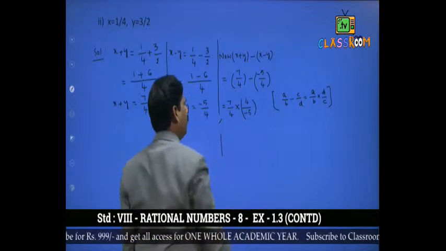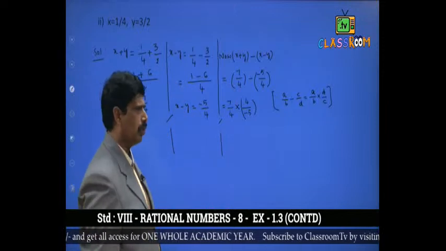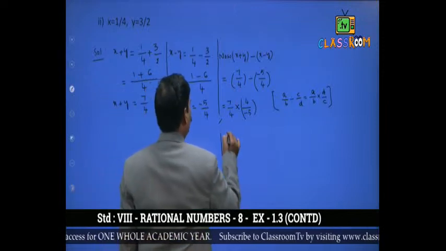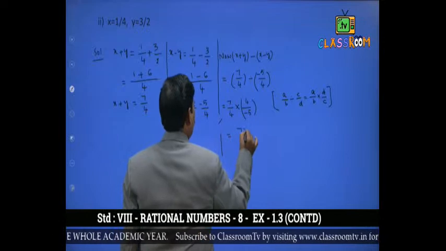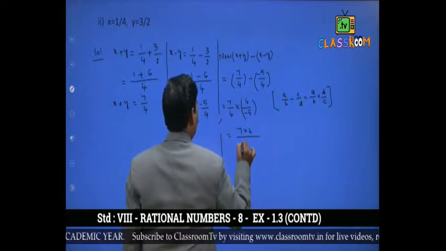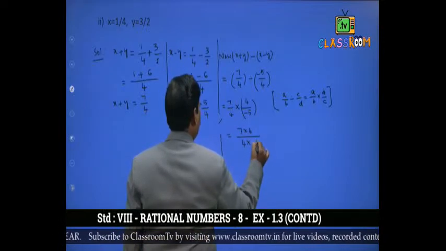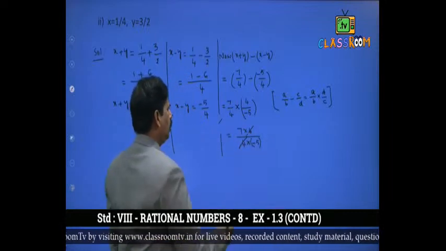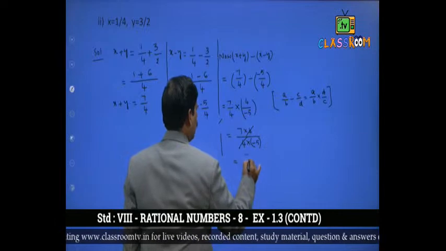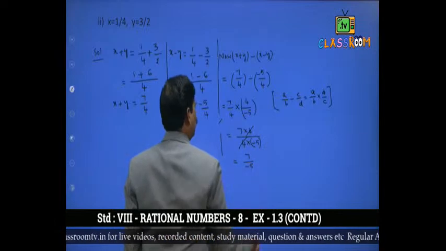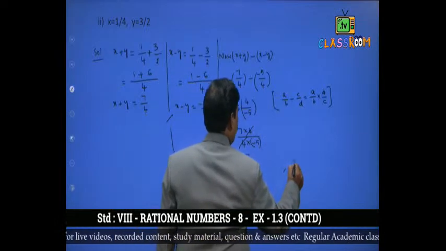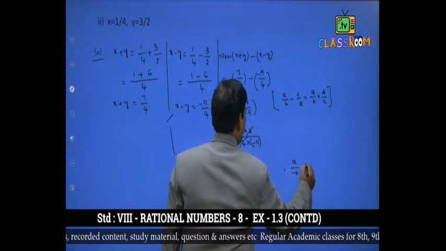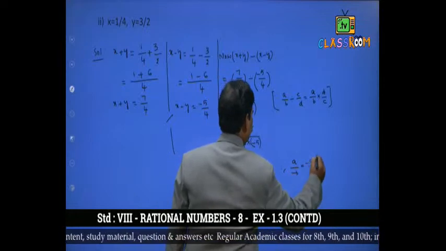There is no problem if you write minus 4 by 5 also. So now this will be 7 into 4 by 4 into minus 5. Now this 4 and this 4 get cancelled. So you are left with 7 by minus 5. We know a by minus b is same as minus a by b.